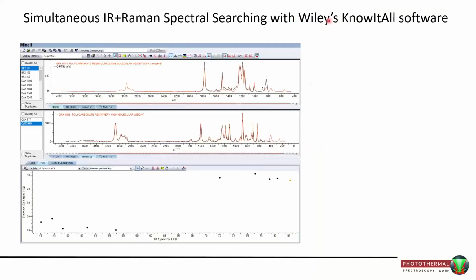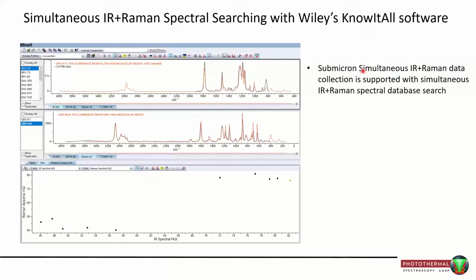If you then put this through a database, we uniquely partner with Wiley and their KnowItAll databases. Whilst we do the simultaneous IR and Raman collection, Wiley with their KnowItAll software equally uniquely does this simultaneous IR and Raman search. When you've got two infrared and Raman spectra in our instrument software, with a single button you can push them into the KnowItAll software and initiate a search.